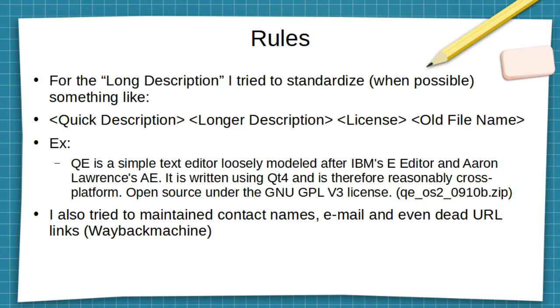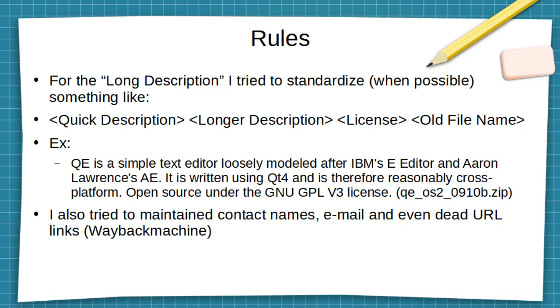Why? Because, like I told you, there was some backfire that we shouldn't lose this original name, because sometimes some articles, some tutorials refer to this old name, so you can download the file. And this old name can be anything, crazy, that doesn't mean anything about which software you're downloading.